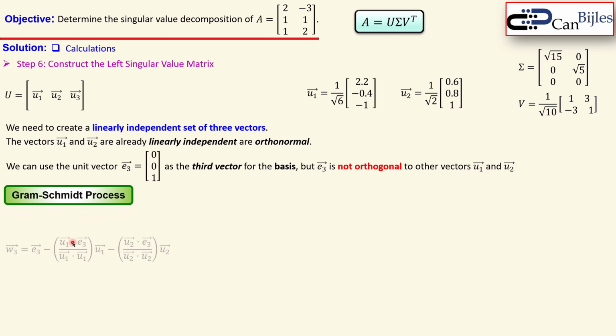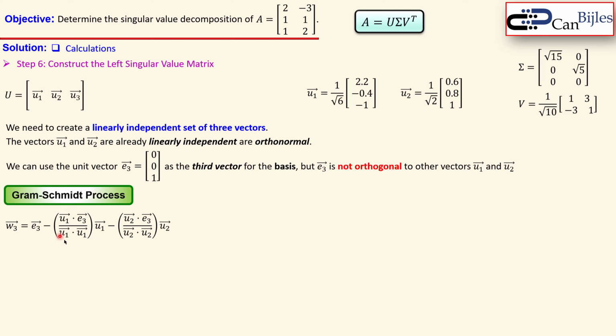The Gram-Schmidt process goes like so. We create first a vector, which will be normalized later, but first we call it w3, which is our chosen vector e3 minus the dot product of this vector with u1 divided by u1 dot u1, multiplied by u1 itself.